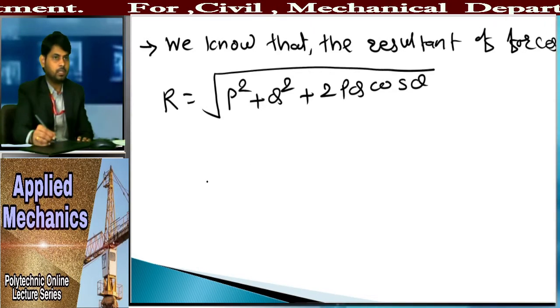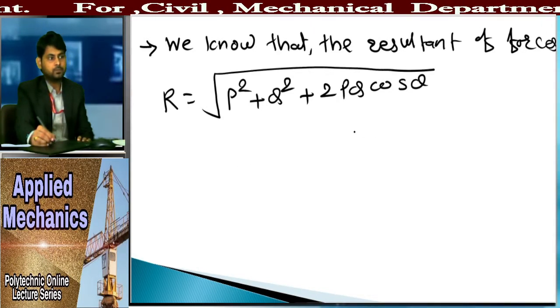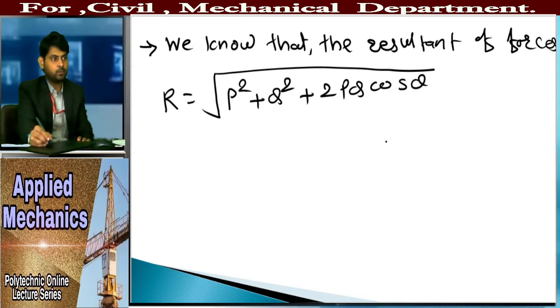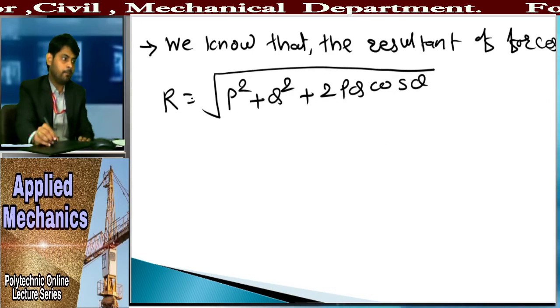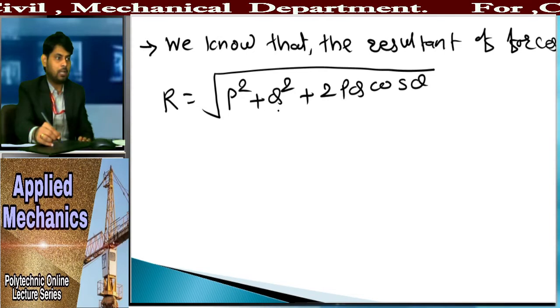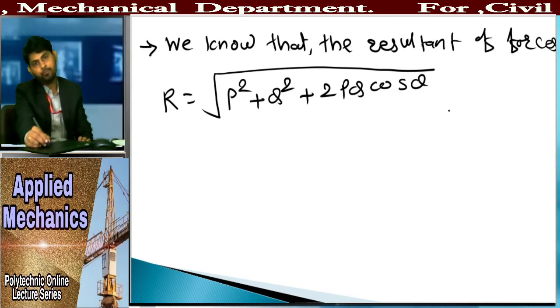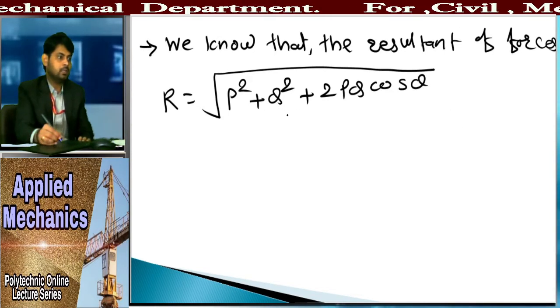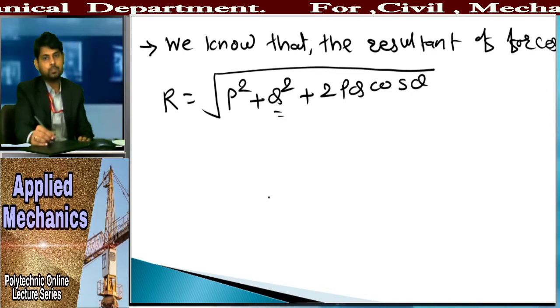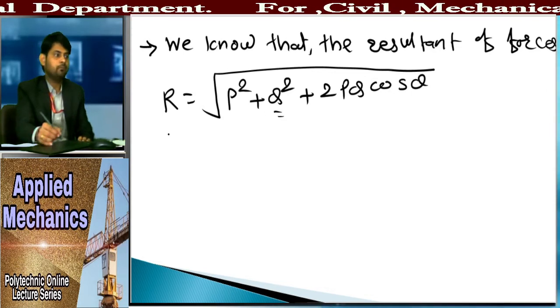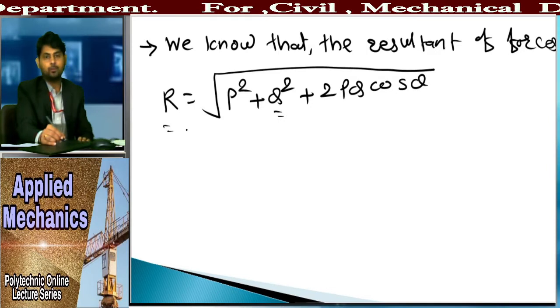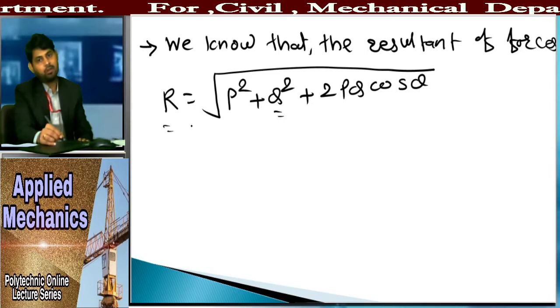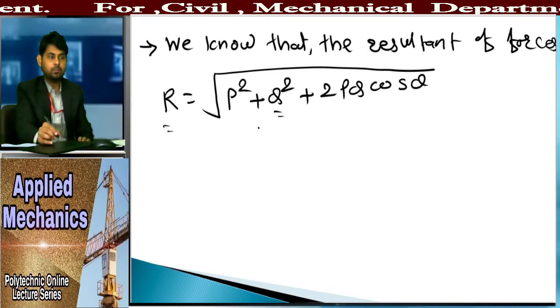So see here, R is equal to the square root of P square plus Q square plus 2PQ cos of theta. Here you can put the value of P, the value of Q and the value of theta. The value of Q is not given, we have to find this out. The value of R is given, so we put all the given values here and find out the value of Q.